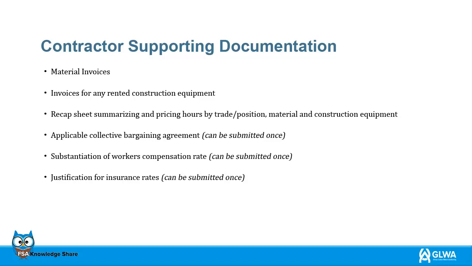Supporting documentation is required for the project manager analysis and before final approval. Therefore, the contractor shall provide the following items: any invoices on materials, invoices that are for rented construction equipment, a recap sheet that summarizes and shows pricing by hours that are listed by trade position, and materials and construction equipment, an applicable collective bargaining agreement, verification of any workers' compensation rate, and justification for insurance rates.